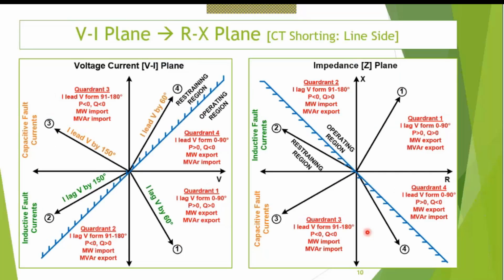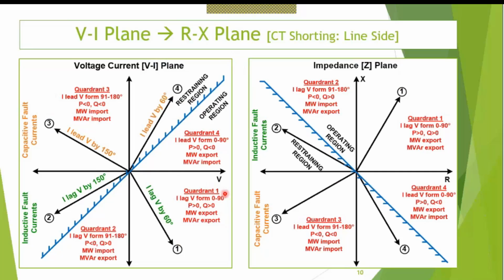Now, if it is set properly, then we have the VI plane to RX plane conversion. What is this conversion? We are familiar with the VI plane. Normally what happens? In an inductive system, current lags voltage by some 60, 70, 90 degree line angle maybe. It lags.